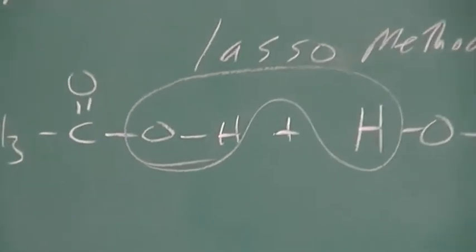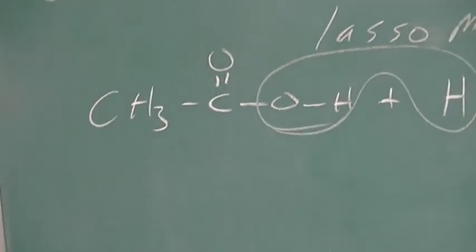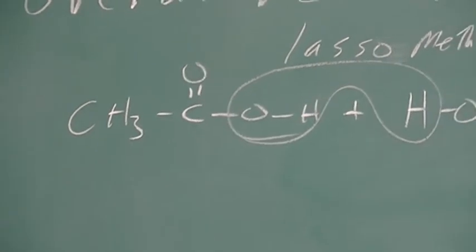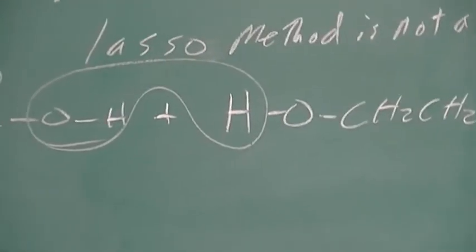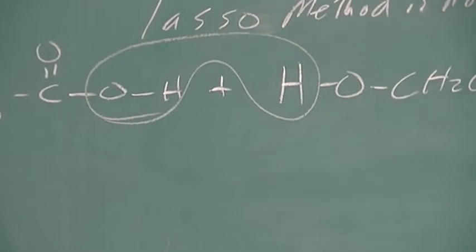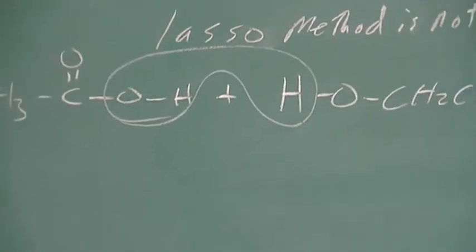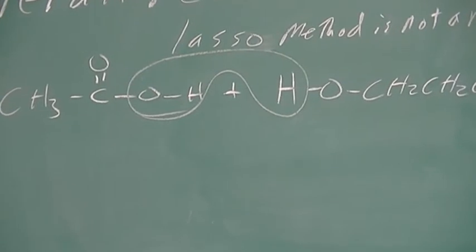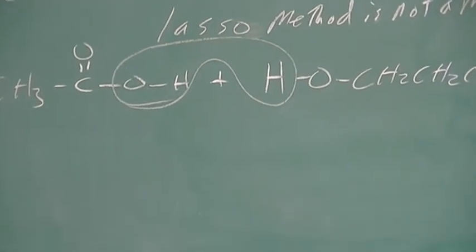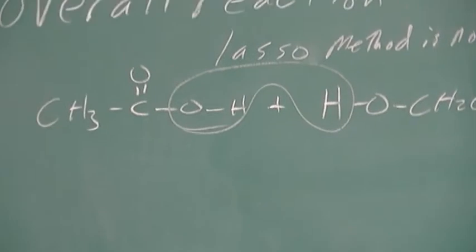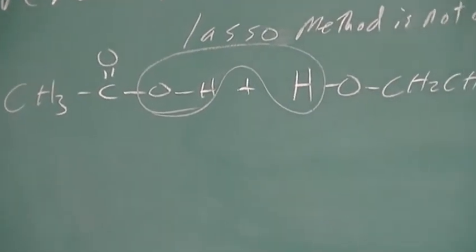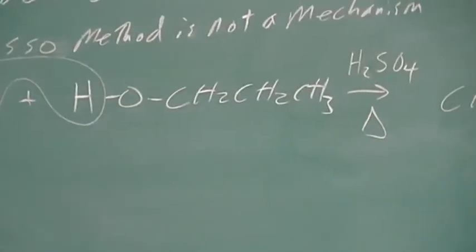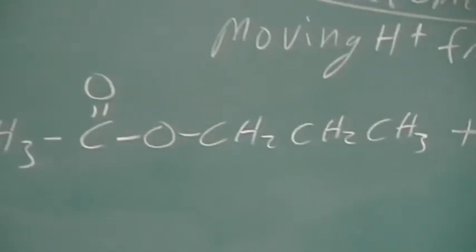And so your carboxylic acid loses the OH, and your alcohol loses the H. You can see that in the reaction mechanism if you look again. All right, and so that is your water. And so when you circle the water and then you push together your CH3, C double bond O, and that's now connected to this O, CH2, CH2, CH3, you see that that is the product.